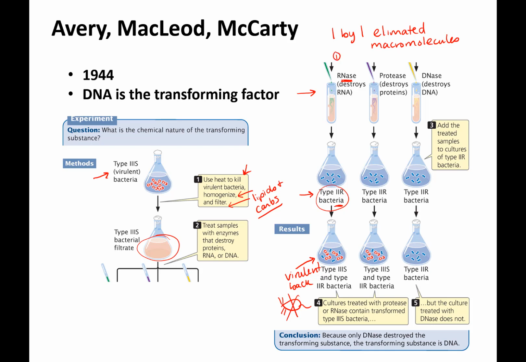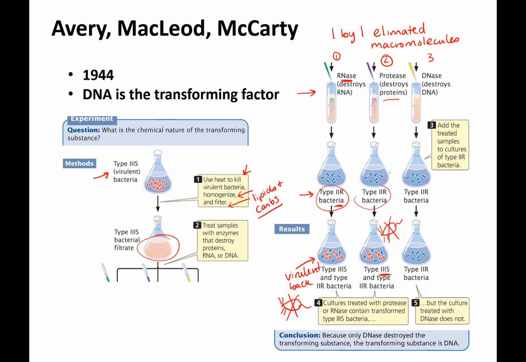In the second experiment, they added proteases, which are enzymes that destroy proteins, mixed that with the rough bacteria, and by goodness, they got the smooth back, the virulent back, and if you injected this into a mouse, it killed the mouse. So the transforming material was still there.